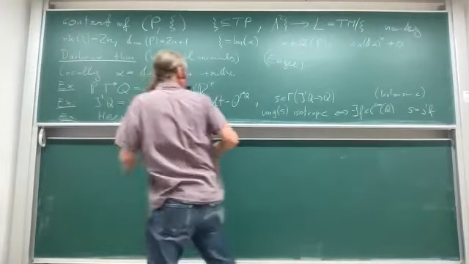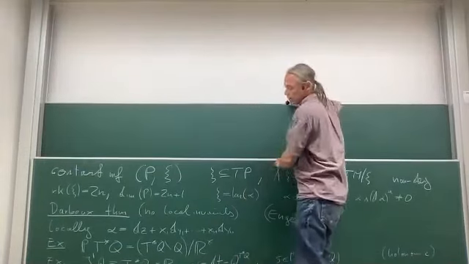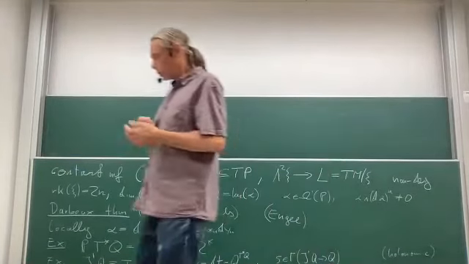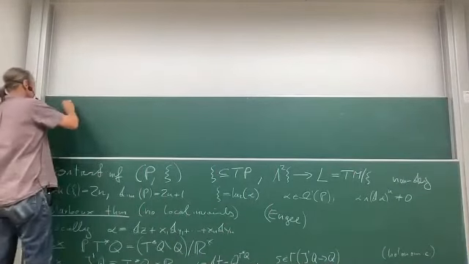Maybe let me mention two more theorems that are available for contact manifolds and that are very analogous to what we have in symplectic geometry and topology. One is Gray stability.